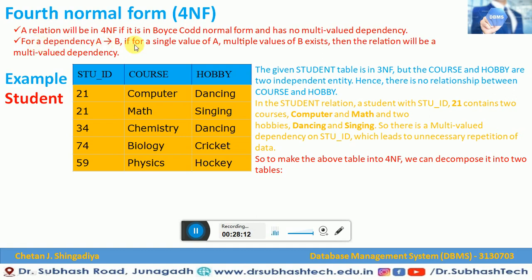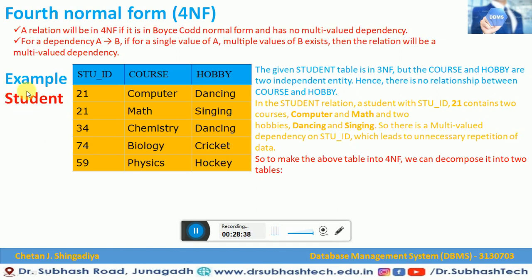For a dependency A determines B, if for a single value of A multiple values of B exist, then the relation has multi-valued attributes. This is a simple definition of fourth normal form. If we can identify that the relation has no multi-valued attributes, then we can say that relation is also in fourth normal form.